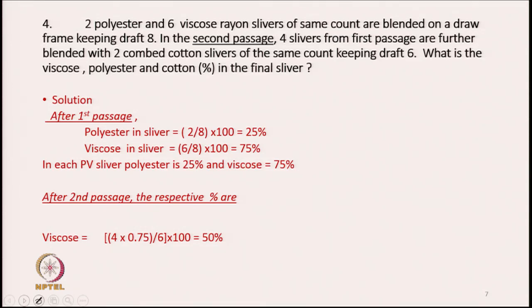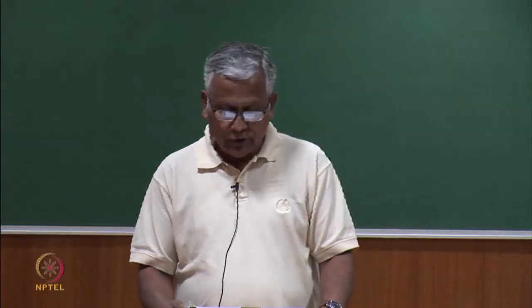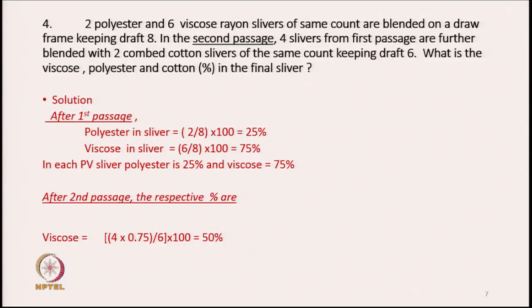Viscose percentage will be, there are 4 slivers having viscose fiber, 4 PV slivers are there. In the 4 slivers, each sliver is having 0.75 proportion of viscose. Therefore, the total viscose content in the final sliver is going to be 4 into 0.75, and the total number of slivers in the second passage is 6.